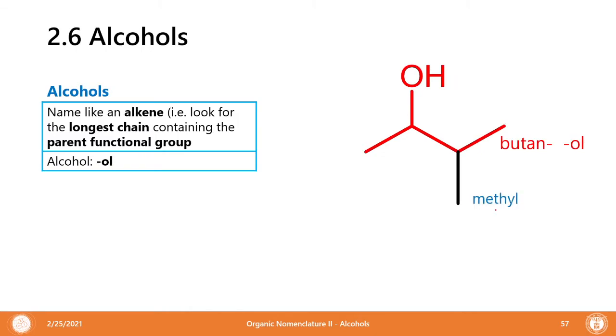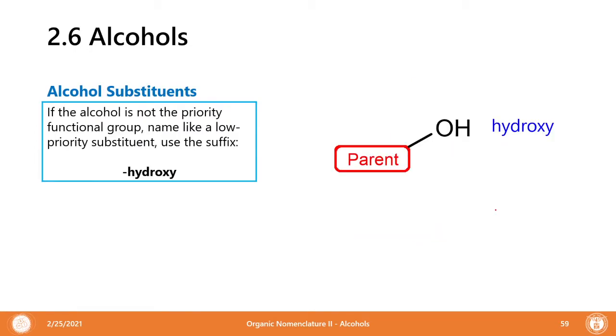We have a methyl group substituent here, and then when we perform locant numbering, we give the alcohol group the lowest number possible, so number 2. Assembling the name, we get 3-methylbutan-2-ol. If we have a higher priority functional group, we label the alcohol as a substituent using the prefix hydroxy.